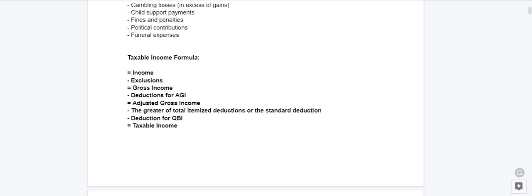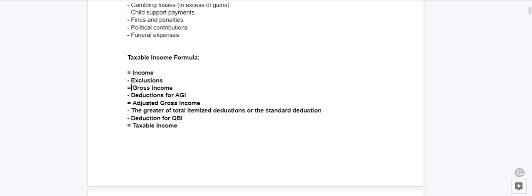But your gross income is only $70,000 because the $10,000 gift is an exclusion that will be subtracted from your income. This is because income can include both taxable and non-taxable income, whereas gross income only includes the taxable portion of your income.